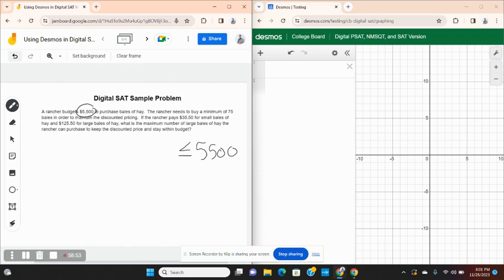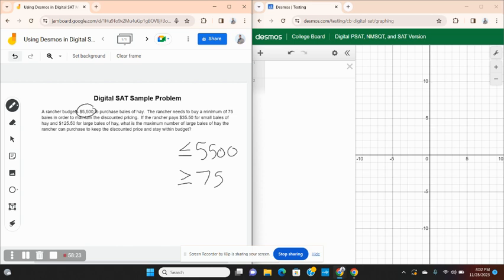Now it also says the rancher needs to buy a minimum of 75 bales in order to maintain the discount pricing. So that's another inequality. A minimum means it could be that number or greater. So my inequality there would be greater than or equal to 75. And again, these are just notes that we write as we're reading the problem.